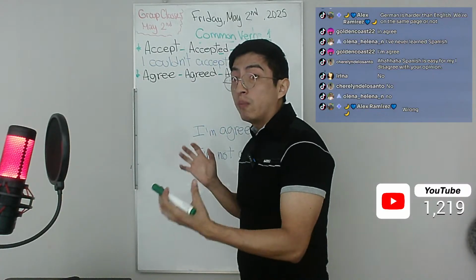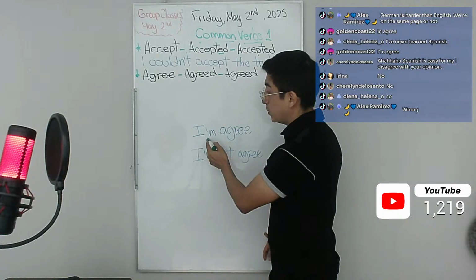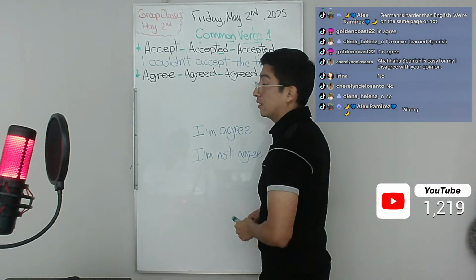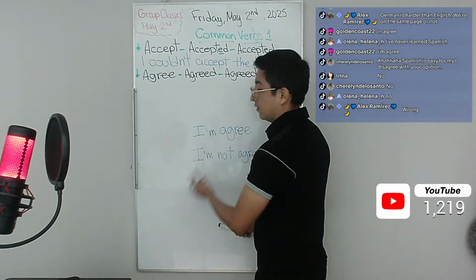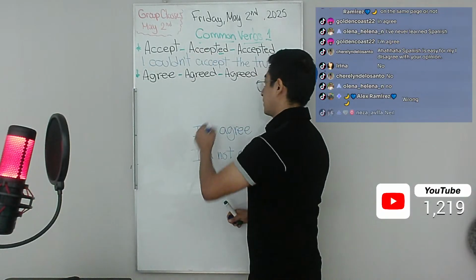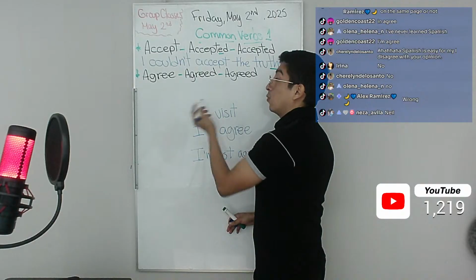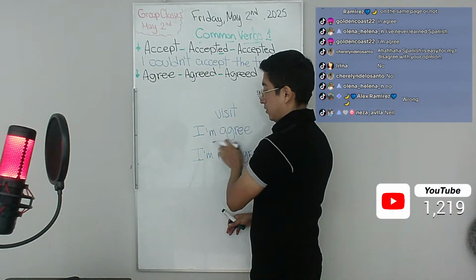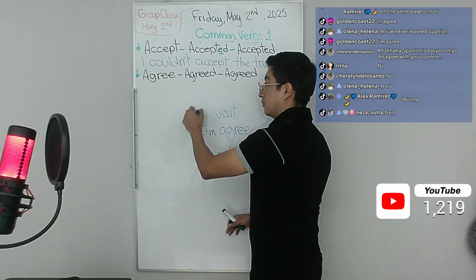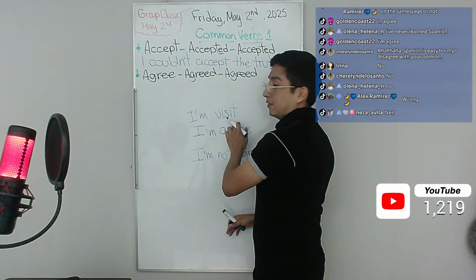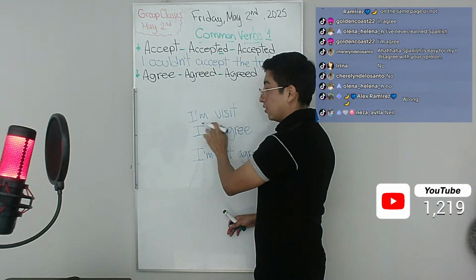We don't combine, okay, the verb to be with the verb. So, it's like if you want to say, let's put here visit. We never say, I'm visit. It's not correct.